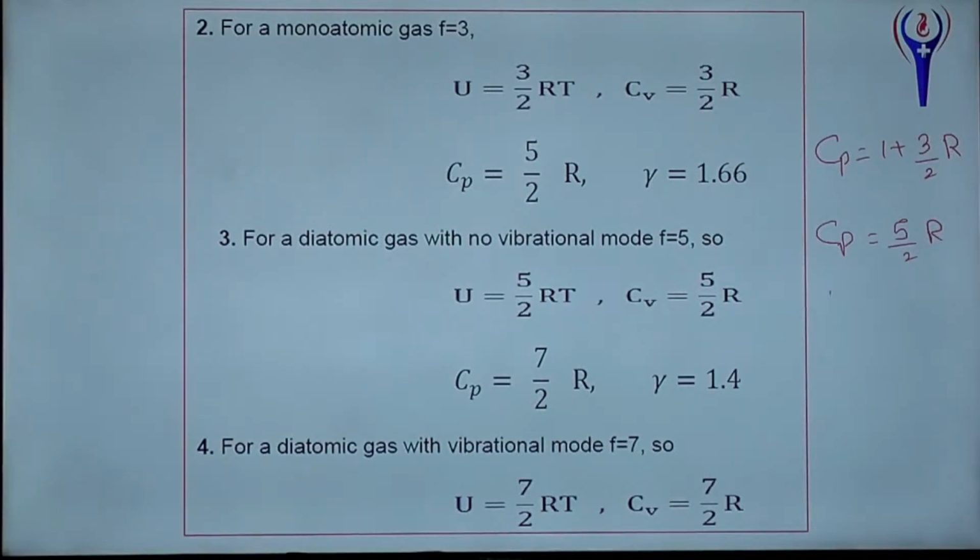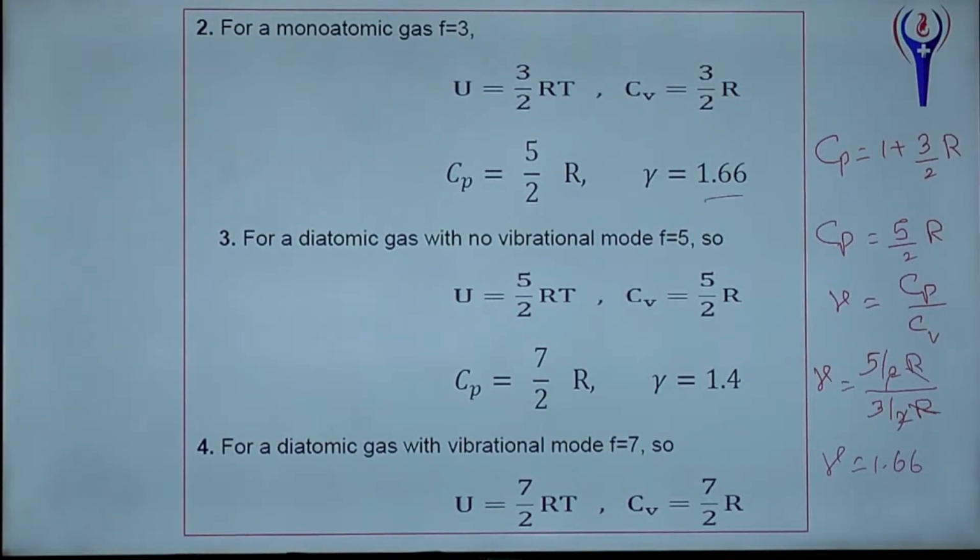Gamma equal to 5 by 2 R divided by 3 by 2 R. 3 by 2 R getting cancelled, 2 getting cancelled. 5 by 3. 5 by 3 is 1.66.